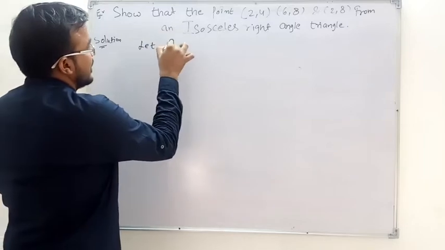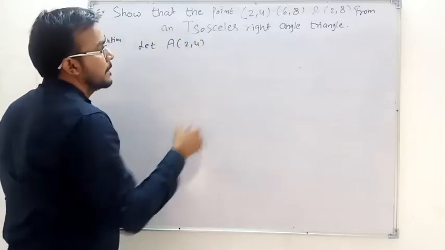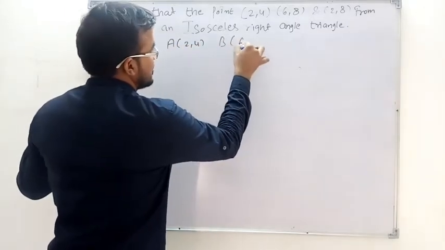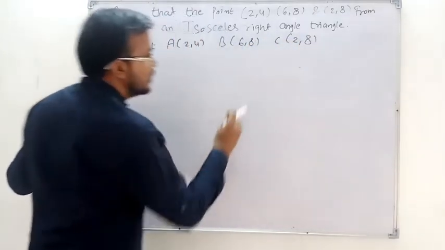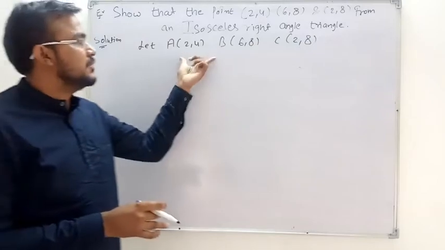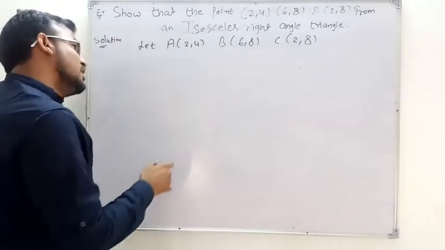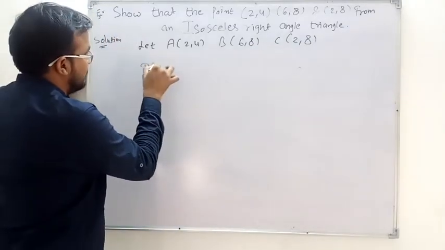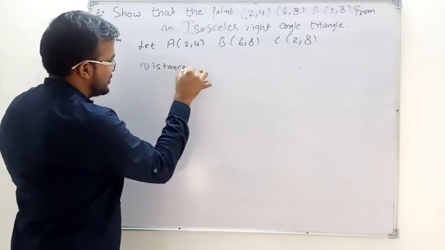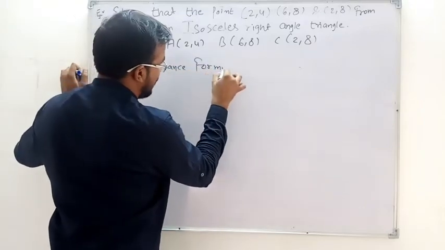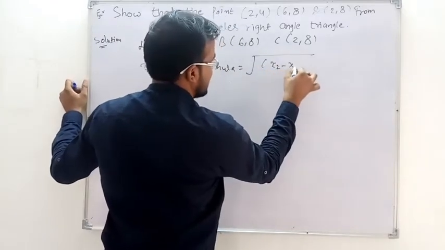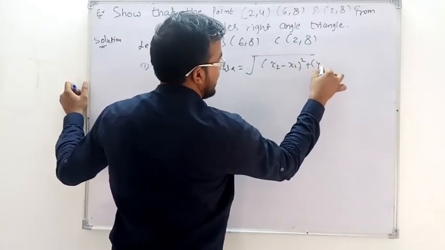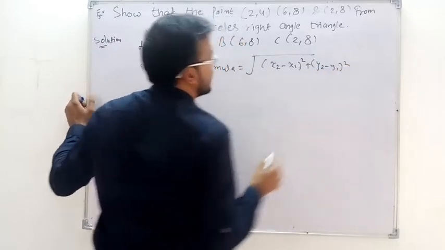So let's solve this question. Let A equal (2, 4), B equal (6, 8) and C equal (2, 8). We have to find the distance between all three points. So we are using the distance formula which we have already derived, which is the square root of (x2 minus x1) square plus (y2 minus y1) square.